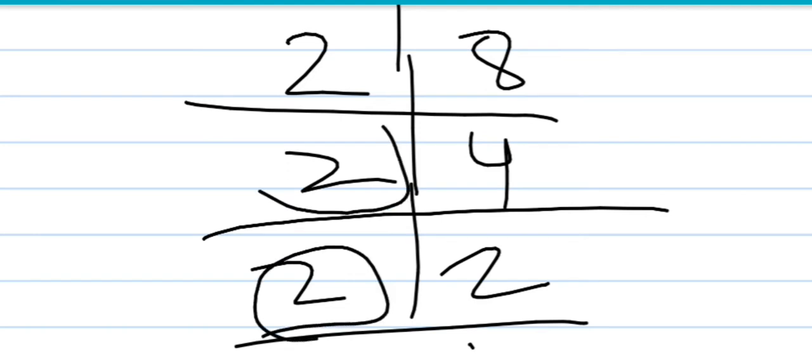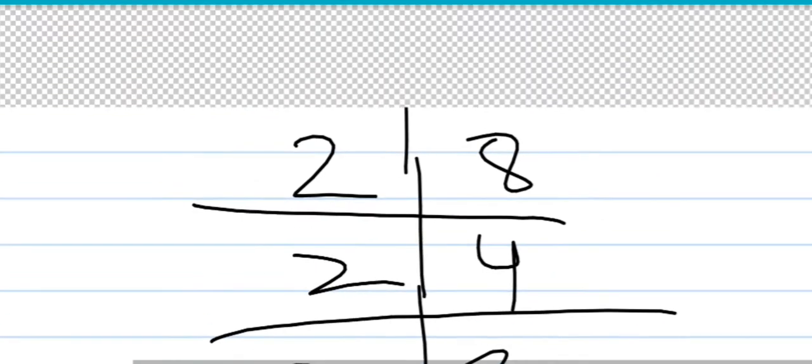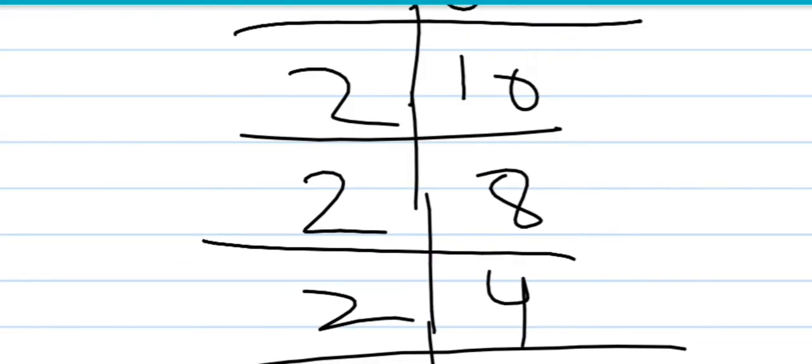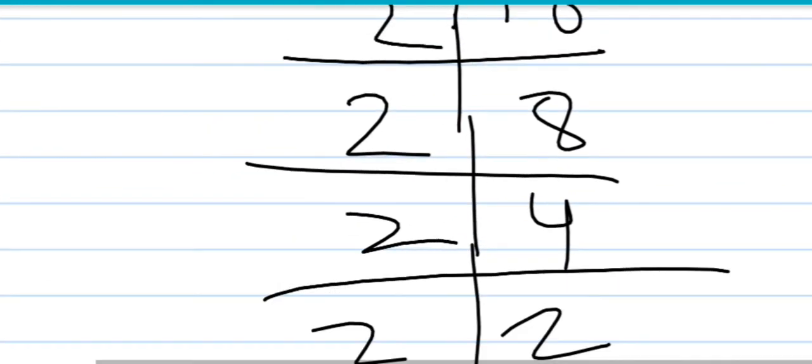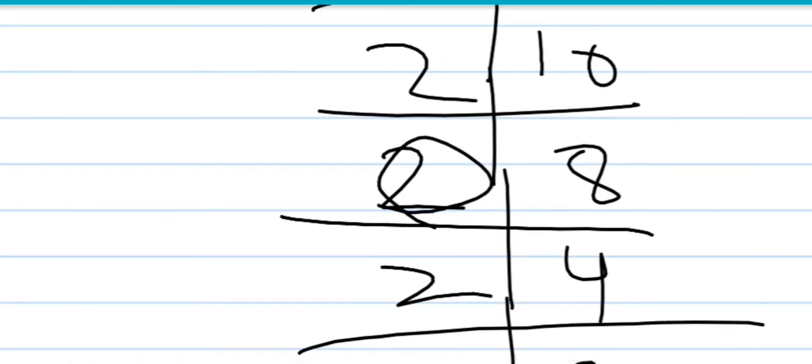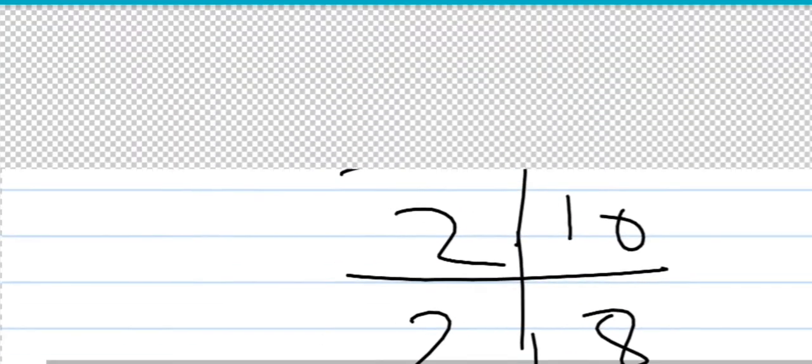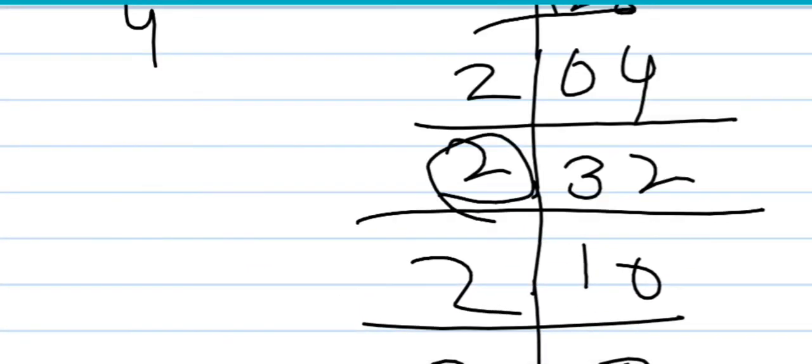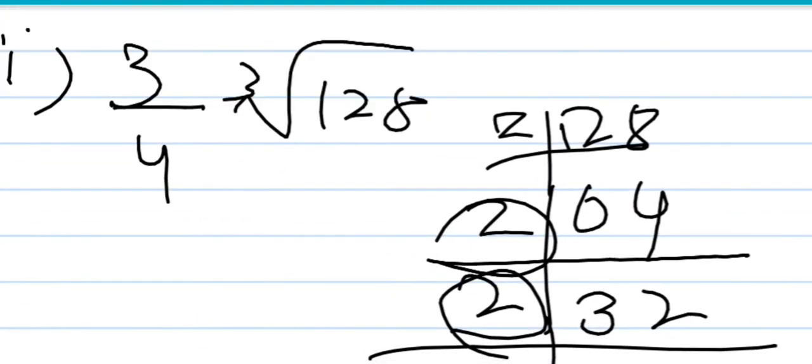This 2 and this 2 will be taken as a whole square, not a square root. And this will be taken into square, and this will be taken into square, and this will remain.